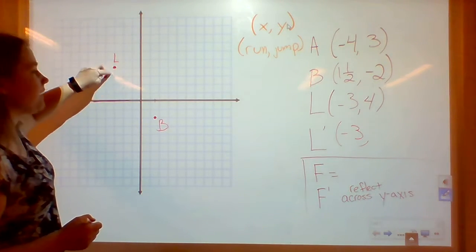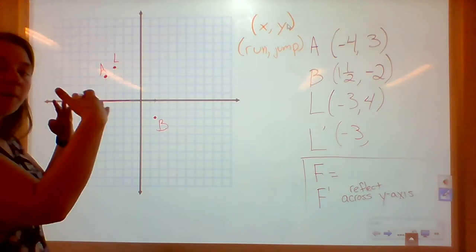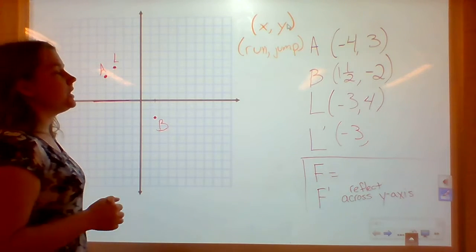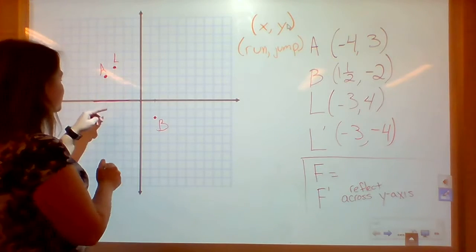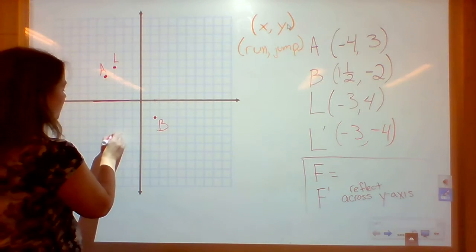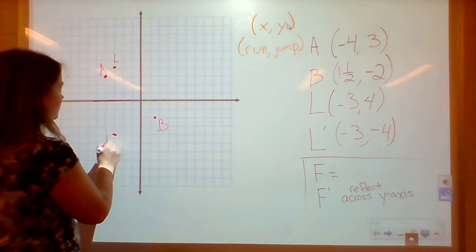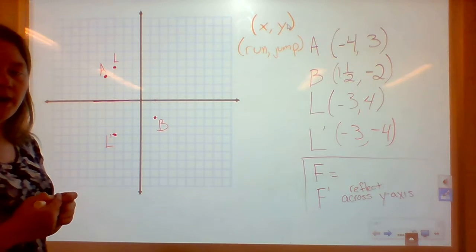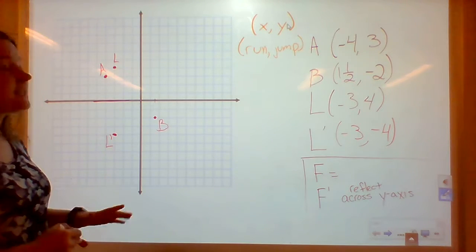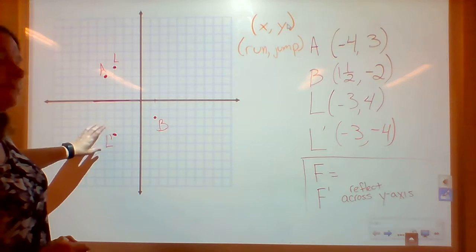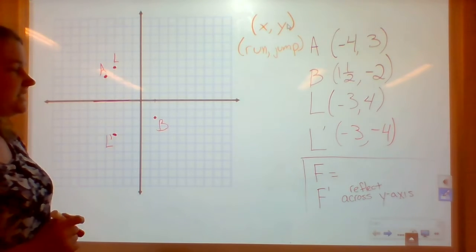But instead of being +4 to jump up, it's going to be -4, which means it's going to fall 4. And this will be L prime. That shows me that this is the same as this one, except it's been reflected.